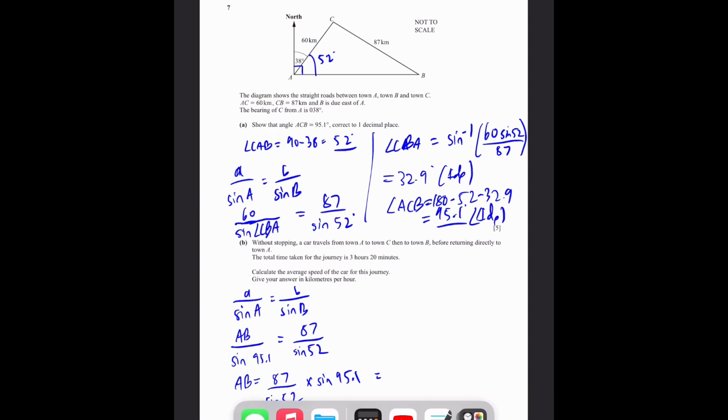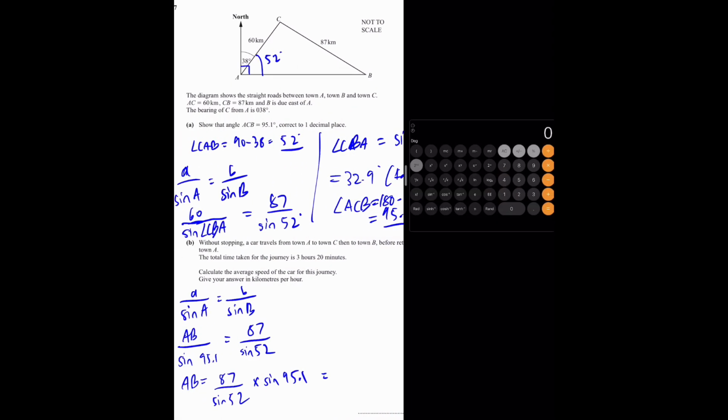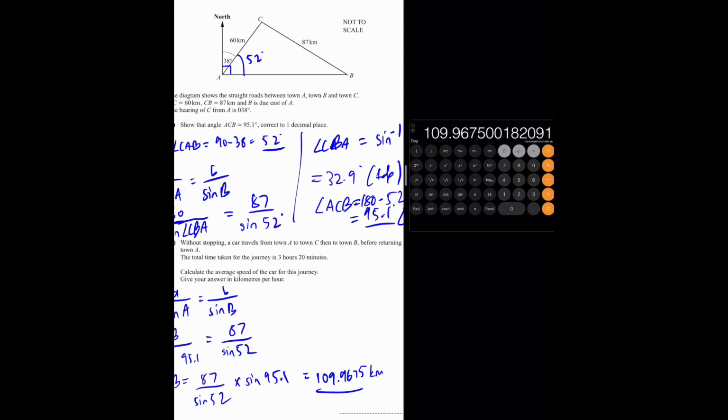And let's get our calculator out. So 87 divided by sine 52, and then times sine 95.1 to get 109.9675. This is the length in kilometers.